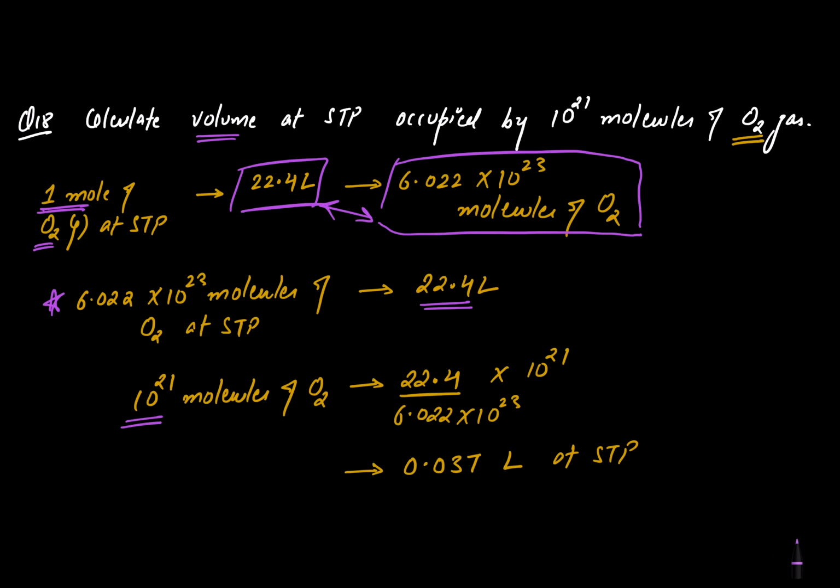Then 10 to the power 21 molecules will occupy 22.4 divided by 6.022 into 10 to the power 23, into 10 to the power 21. My answer comes out to be 0.037 liters at STP. That means 10 raised to the power 21 molecules of O2 will occupy 0.037 liters at STP. So what was STP? It was standard temperature and pressure.